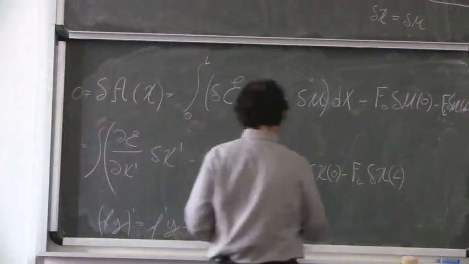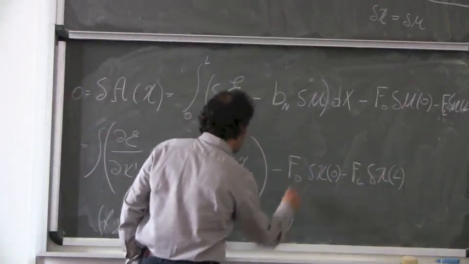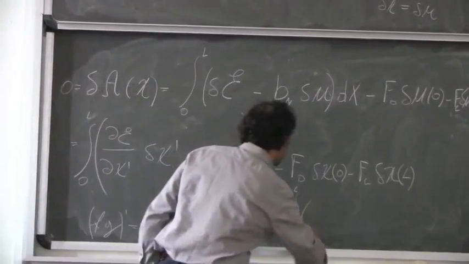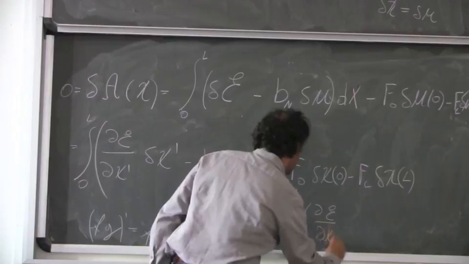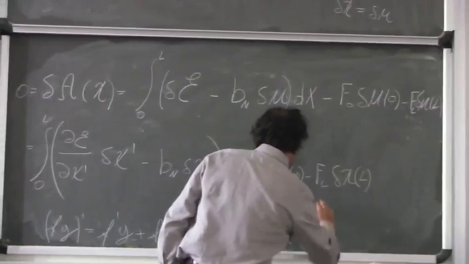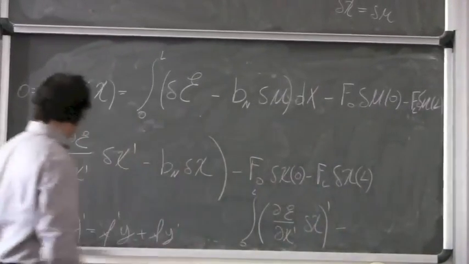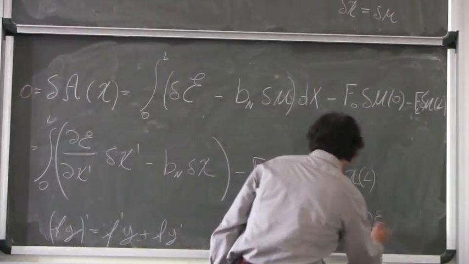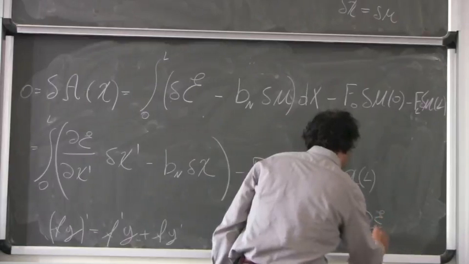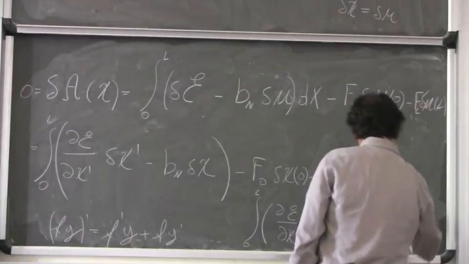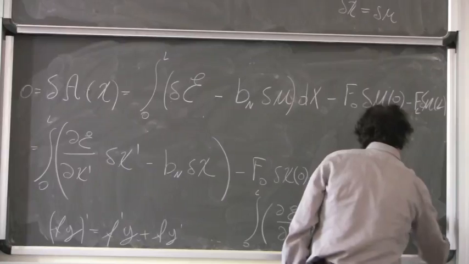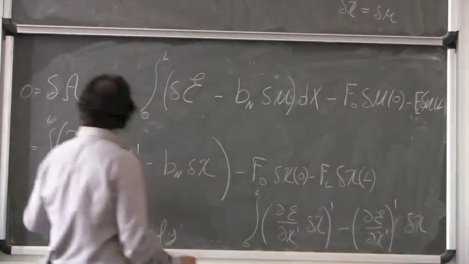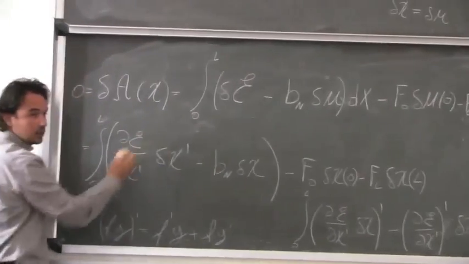That means that here we have the integral from 0 to L of the derivative of the product minus f prime g, with delta t, and we can substitute this part.